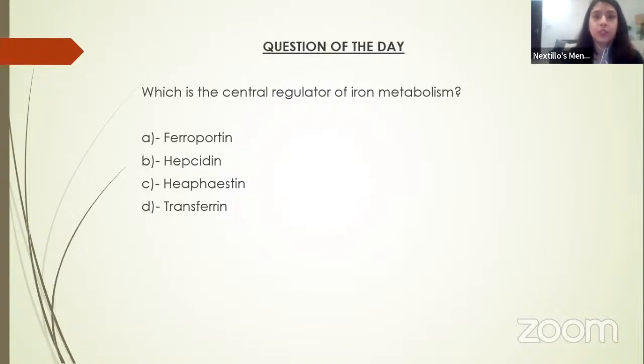It is also an acute phase reactant, and it blocks or unblocks ferroportin, which is present on the basolateral surface of our intestinal cell, and hence decides whether the iron from that enterocyte will come inside the bloodstream or will be stored there. So the formation of hepcidin by the liver goes up or down depending on how much iron is needed by the body.